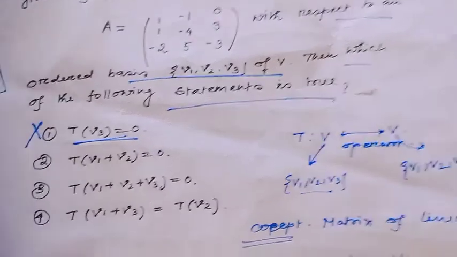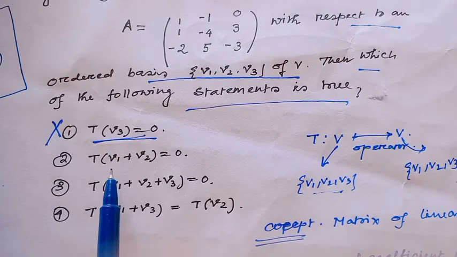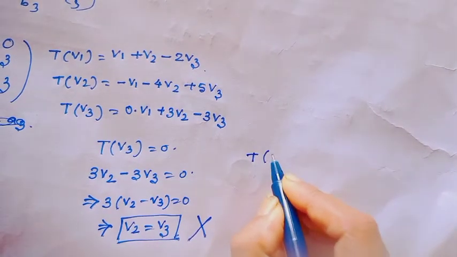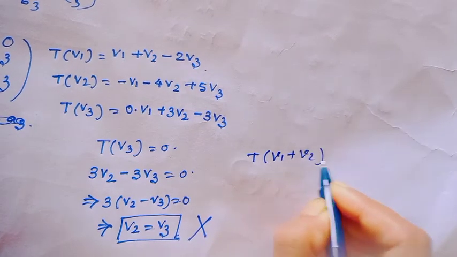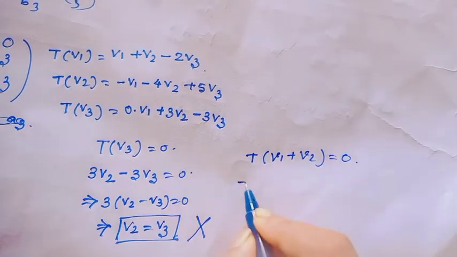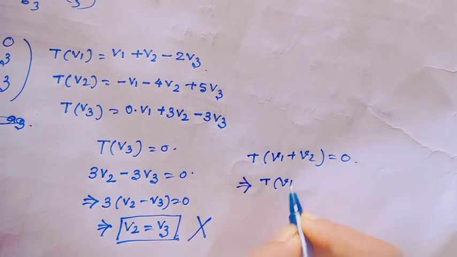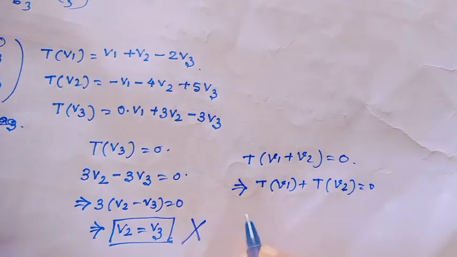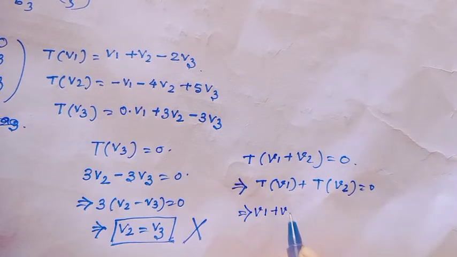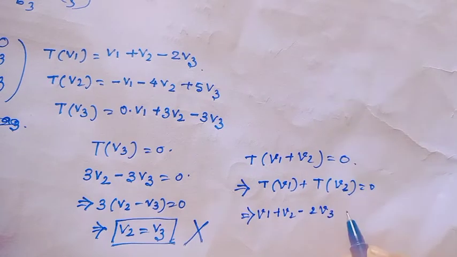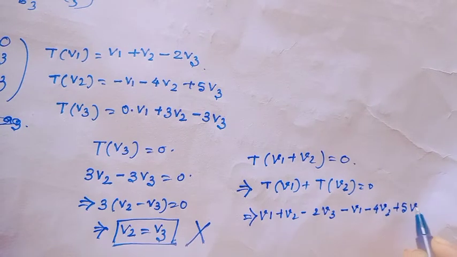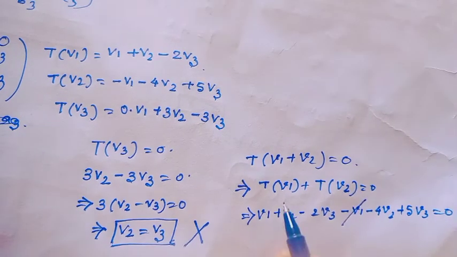Are you getting it? Option 2 says T(v1) plus v2 equals 0. Since T is a linear transformation, we can write this as T(v1) plus T(v2). Now put in the values: v1 plus v2 minus 2v3 minus v1 minus 4v2 plus 5v3 equals 0.